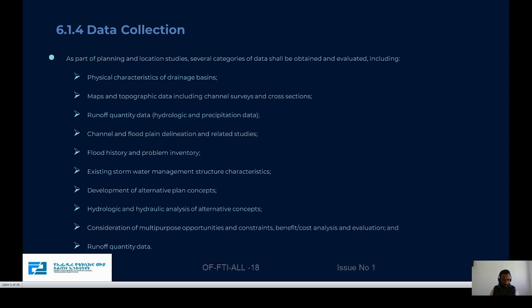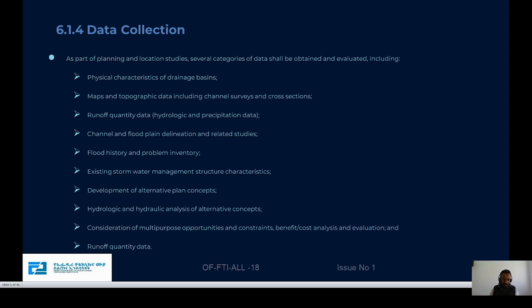Runoff quantity data, for example the hydrological data related to rainfall intensities and concentration, and also the precipitation data, will be collected for planning and location surveys.